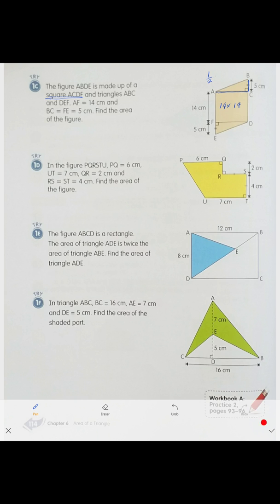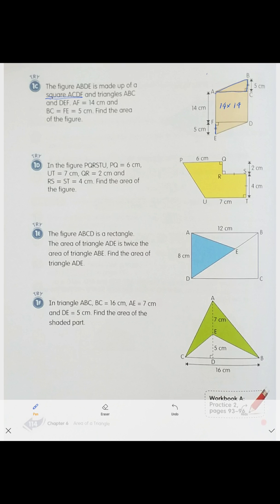So 1/2 times 5 times 14, right? Is gonna be the area of this one, and you have 2 of them, right? So you multiply it by 2. That's a bit confusing. Sorry.